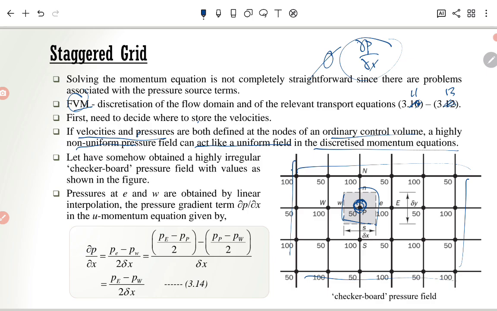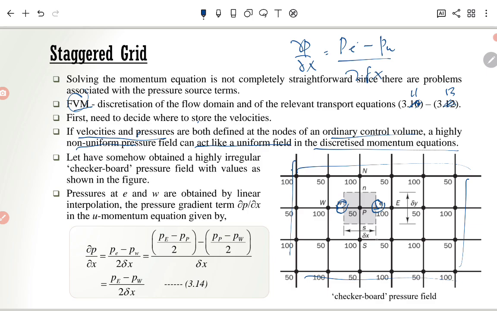The pressure at this east face and the west face can be obtained by linear interpolation, which is that I can write down here dp over dx is equal to pe minus p in the west divided by 2 delta x.